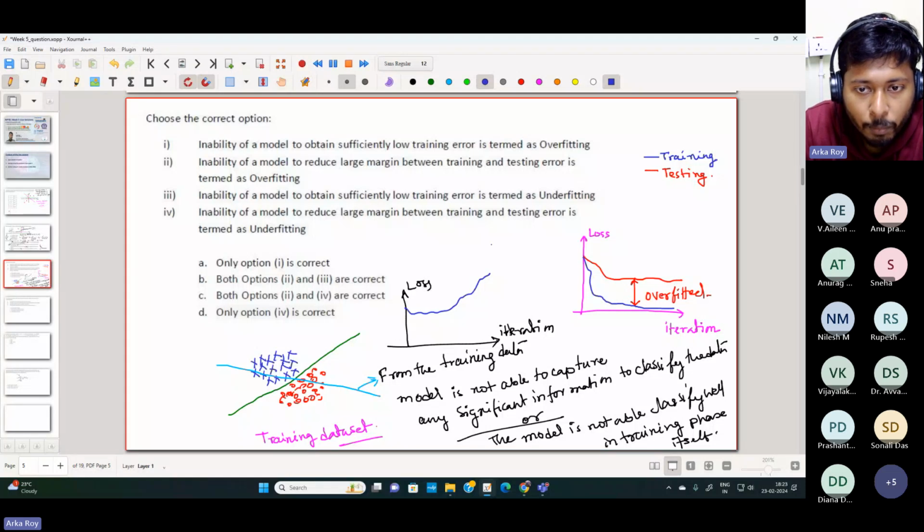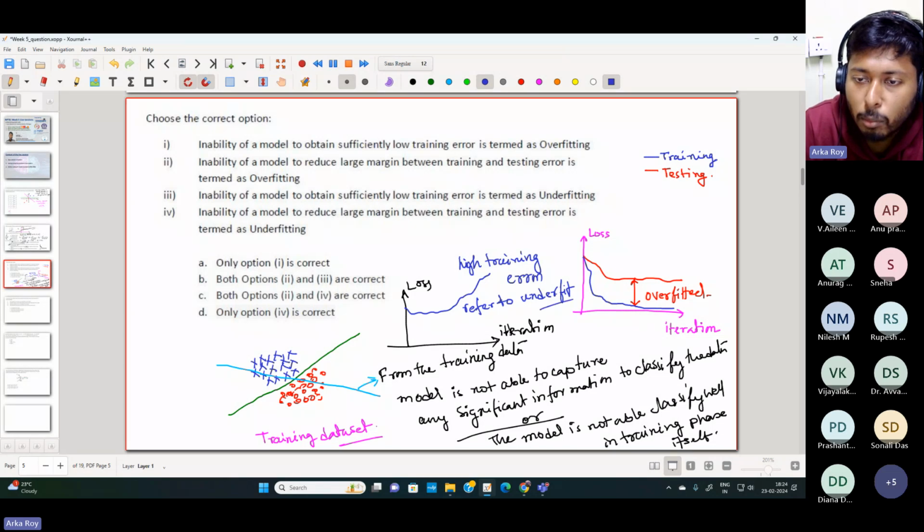So this problem, high training error, refers to underfit. Underfit means that the model is not able to understand anything from the training data itself. Therefore, the training error is very high, so the testing error will also be very high. That means the model is not able to capture any relevant information.